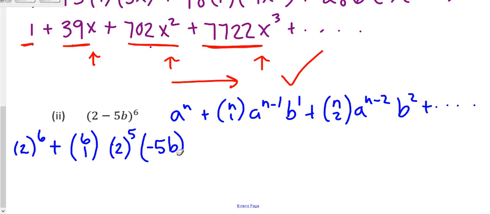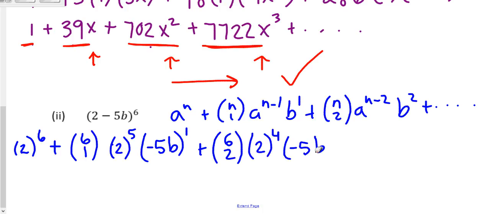Negative 5b to the first plus, now we have n choose 2, n is 6, choose 2, times 2, 6, 5, 4, negative 5b, the second.